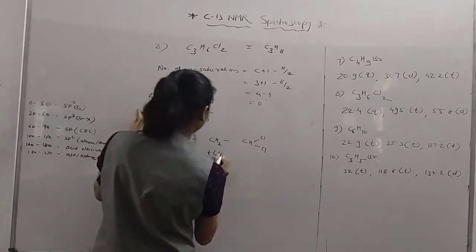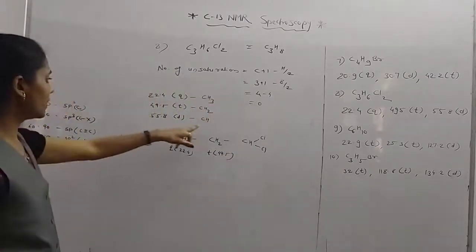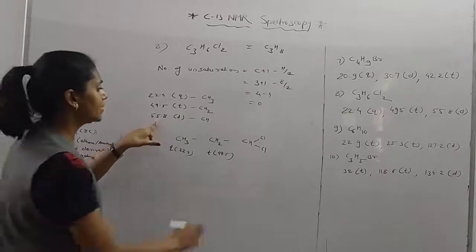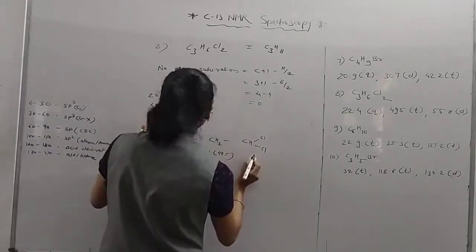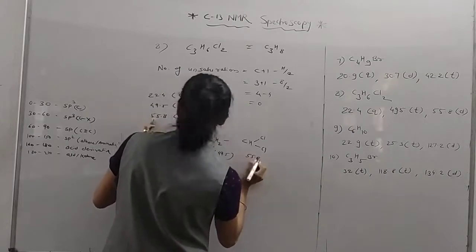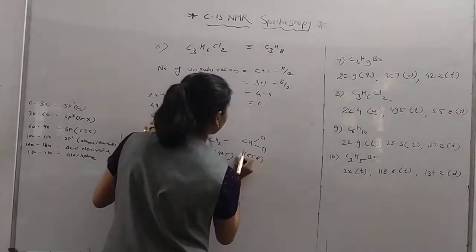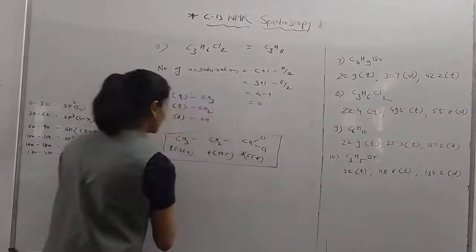It gives a triplet at 49.5. And next one, CH. This CH is mostly deshielded, as it is directly attached to the electronegative group, 55.8. It gives a doublet. This is the correct structure.